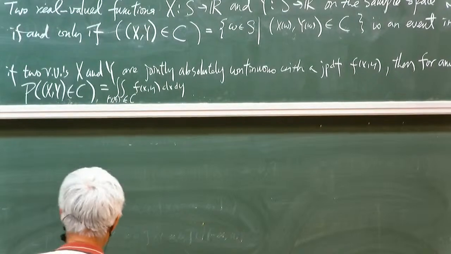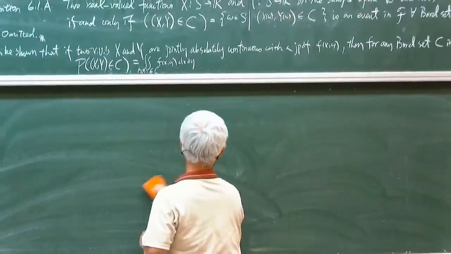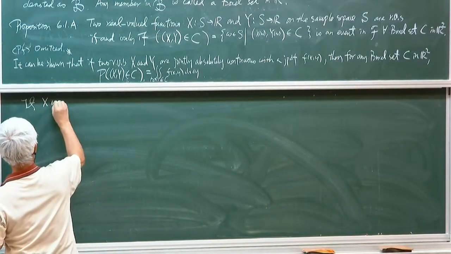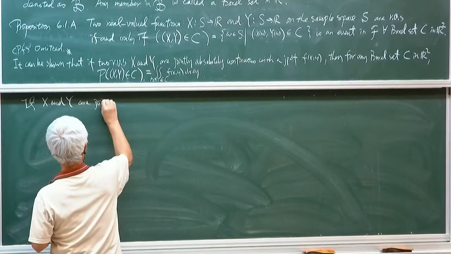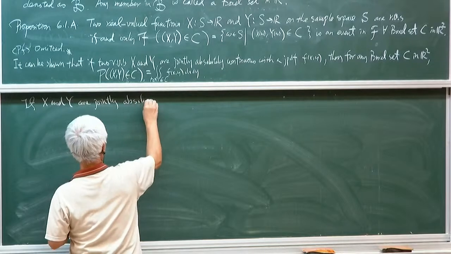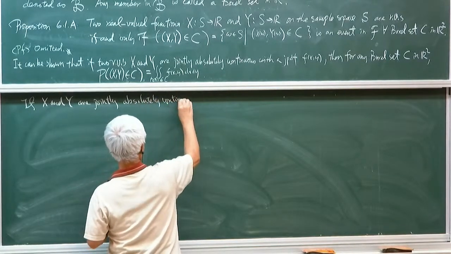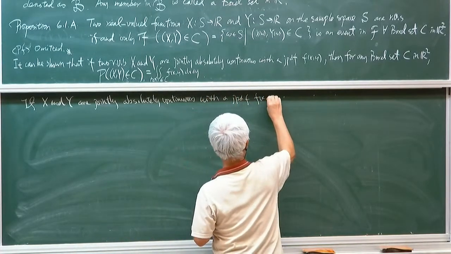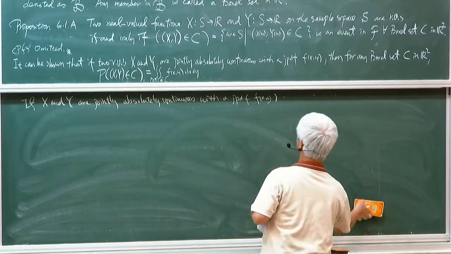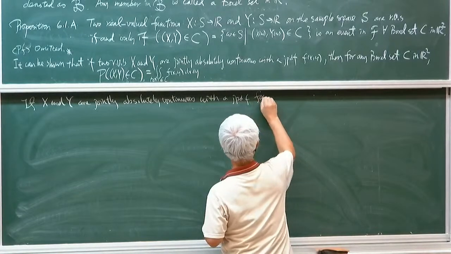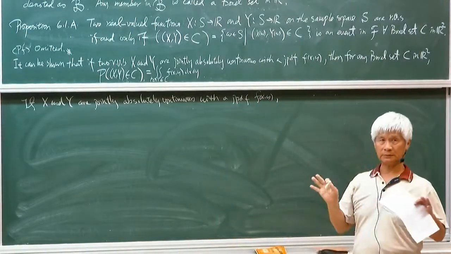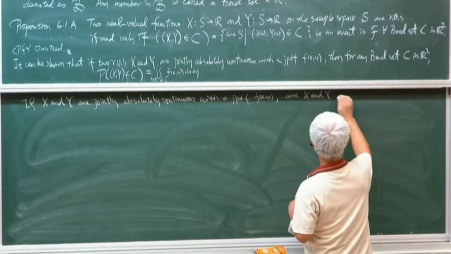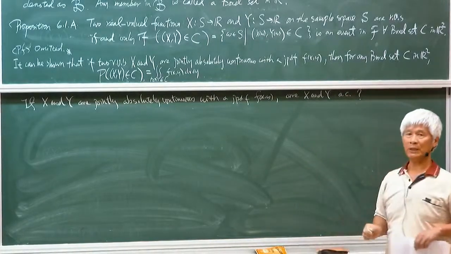We may have a question. Suppose X and Y are jointly absolutely continuous with a joint PDF f of x, y.